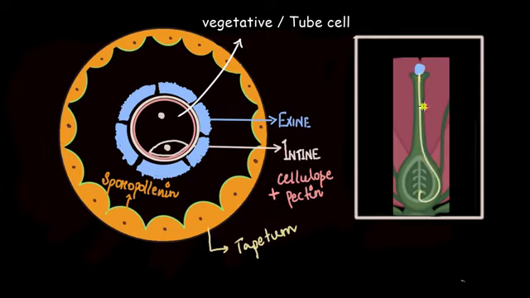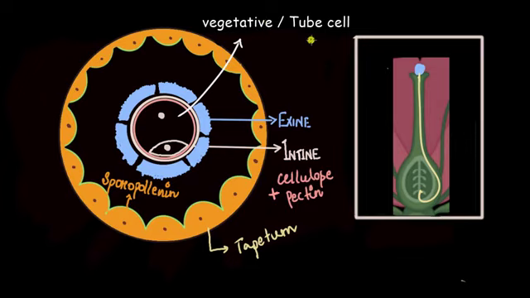So this is the pollen tube that reaches the egg, and through this tube the male gametophyte travels. So this is the tube cell, which gives rise to this yellow long pollen tube that you see here. And we also call it vegetative because it does not directly take part in the fusion, or it does not give rise to the male gametophyte.